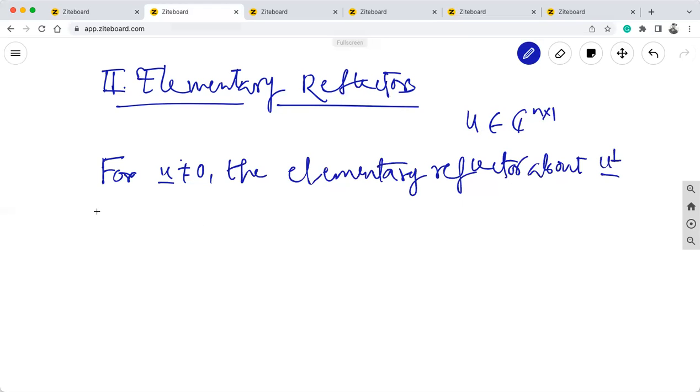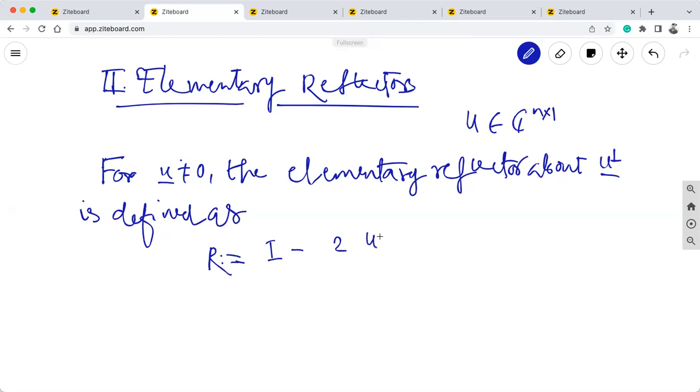So u star is defined as... R, the reflector, is defined as I minus twice. This factor is very important. In the projection, we have seen the factor was 1. Here, for the reflection, the factor is 2.